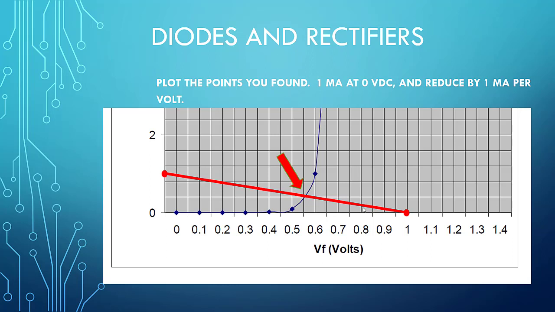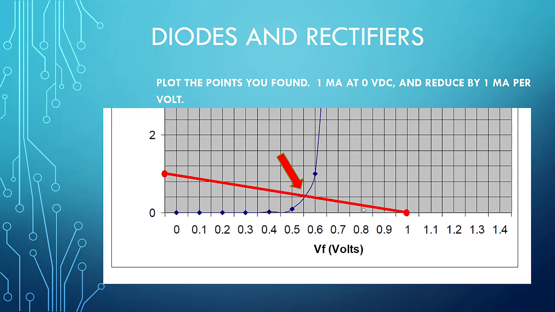So my 1 milliamp is directly between the second and third tick up on my vertical axis. Then I go all the way over to 1 volt, and I put that down at 0, because I have 1 volt in this problem and my current reduction is 1 milliamp per volt. So I'm dropping that down all the way to 0.